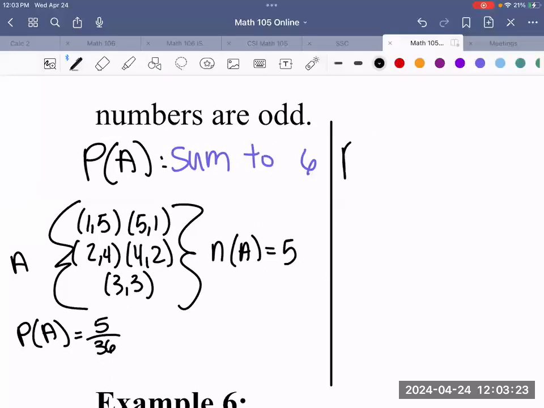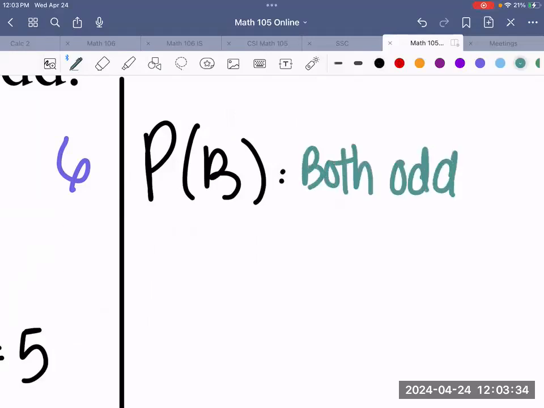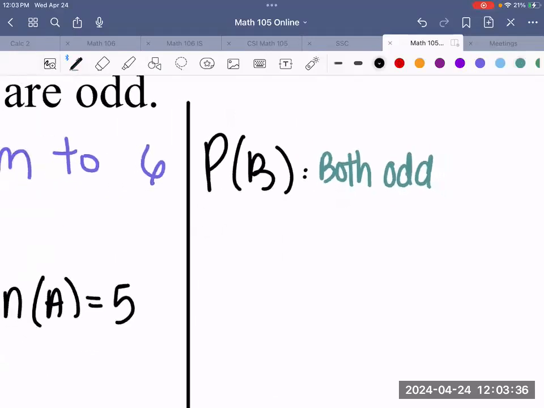That's part A. B we said that both are odd. Both odd. Okay, so what does that look like?